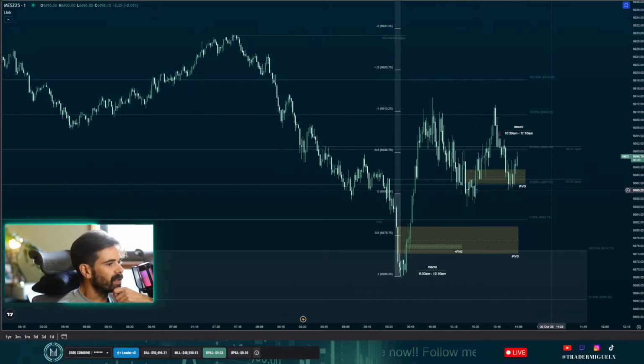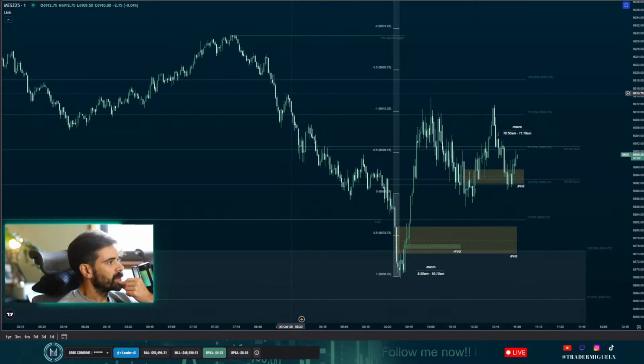I guess the only thing that I failed here was not taking profits when it was at -1 standard deviation, and I talked about it, but I kind of was expecting it to stretch a little bit more to the top of the wick because there was some liquidity here as well, and yeah, it didn't work.